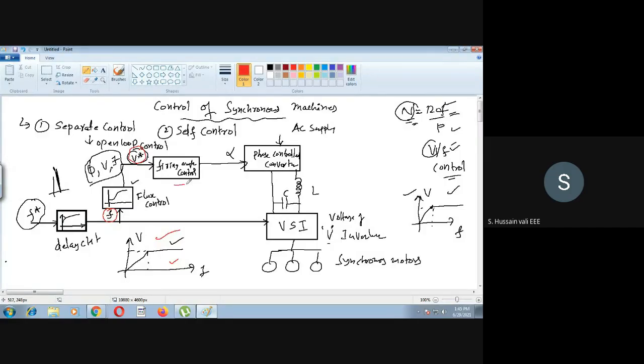Then after that, you have the firing angle control. You know yourself that when you want to get this much DC voltage here, what should be the firing angle? In other words, this voltage V star signal will decide the firing angle, because this is the voltage you should get at the end of your inverter.